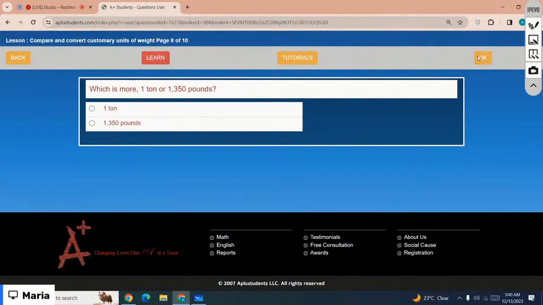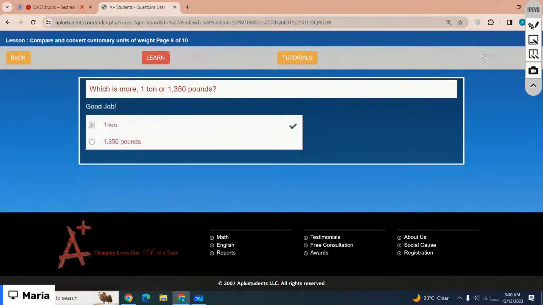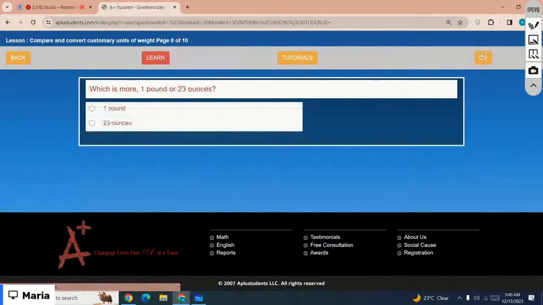The correct option is 1 ton is more because in 1 ton we have 2,000 pounds. So obviously 1 ton is more than 1,350 pounds.